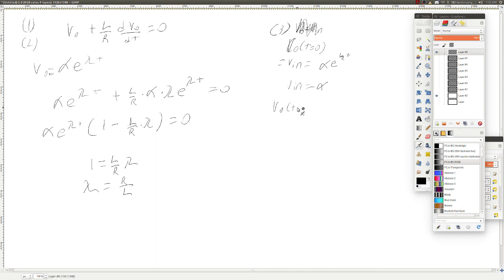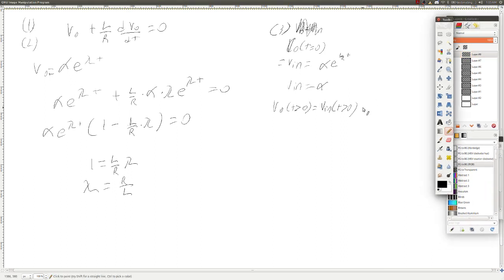Making a lot of little mistakes here. Sorry, I want to make sure that this equation looks right. V out for t greater than 0 is equal to V in for t greater than 0 times e to the L over R times t.